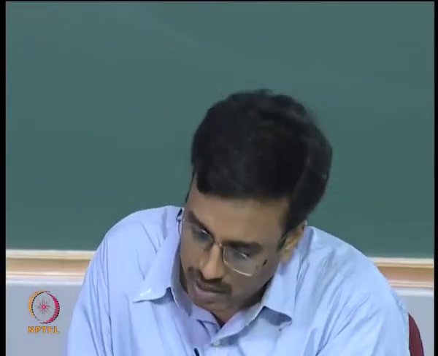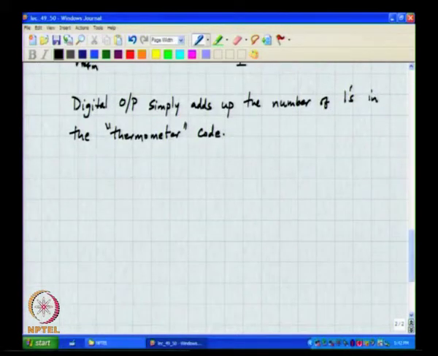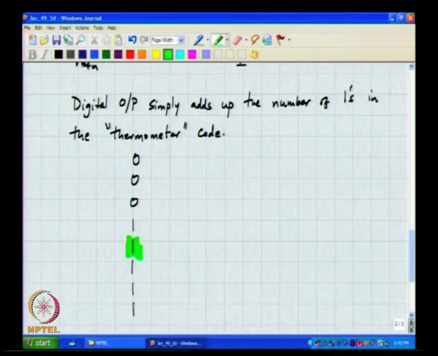So, now if there is a bubble, if you add up the number of ones appearing at the output of the comparator array, do you think it matters? For example, ideally let us say this should have been the thermometer code, but let us say for argument's sake that this shows a 0.